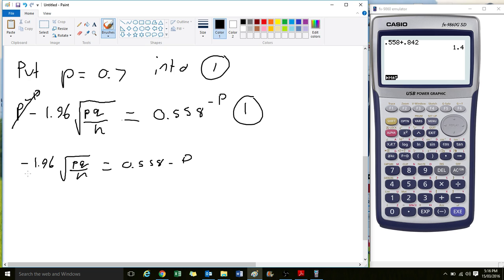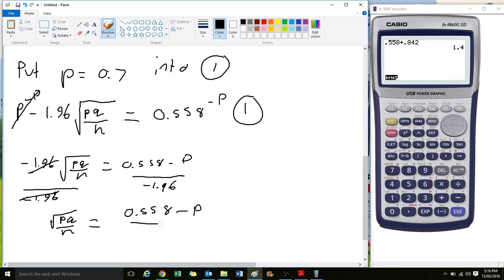Now let's move this minus 1.96 over. The way we're going to do that is divide both sides by minus 1.96. On this side we have minus 1.96 at the top and the bottom, so that can cancel. Now we have the square root of PQ on N is equal to 0.558 take P divided by minus 1.96.